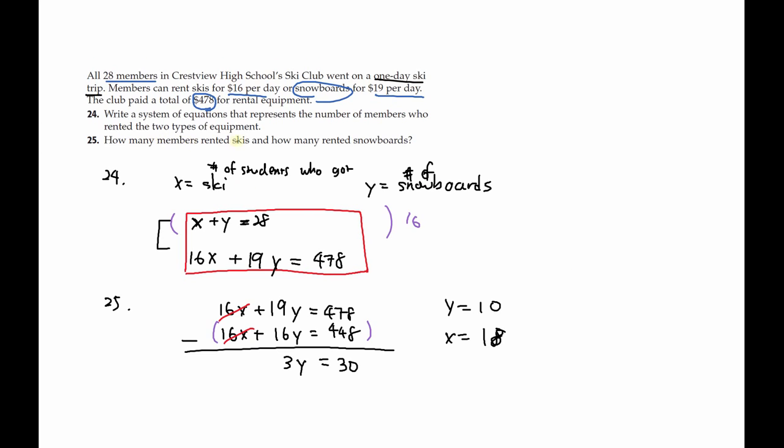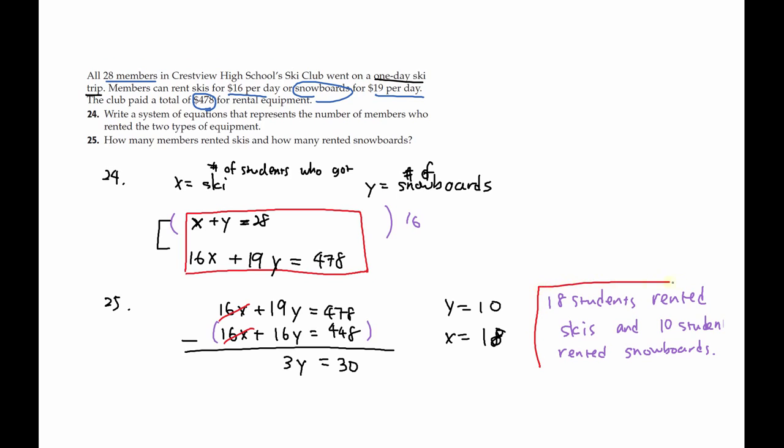Because the first question was the number of skis that got rented, you have to say 18 students rented skis and 10 students, or 10 members, rented snowboards. And that should be the complete answer, and you should get full credit.